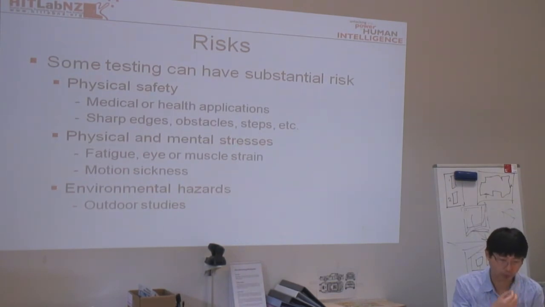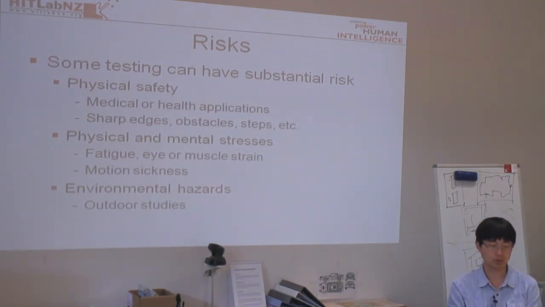And some of the risks we can think of. So if your user experiments involve some kind of physical stress, then you might have to think of what kind of physical safety you might want to have.